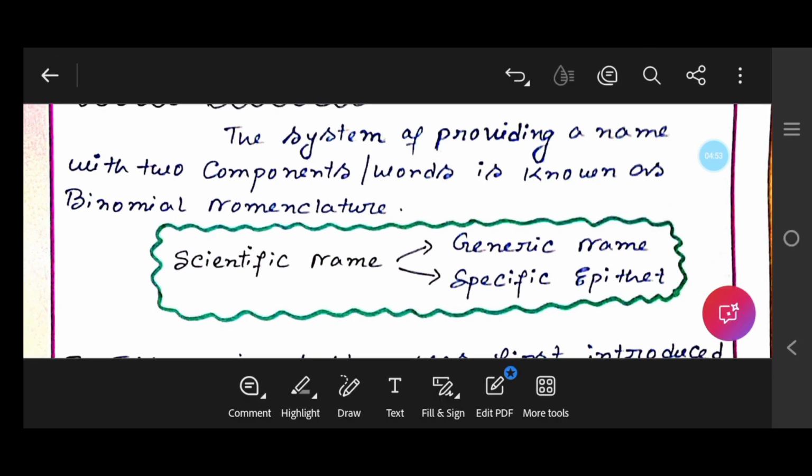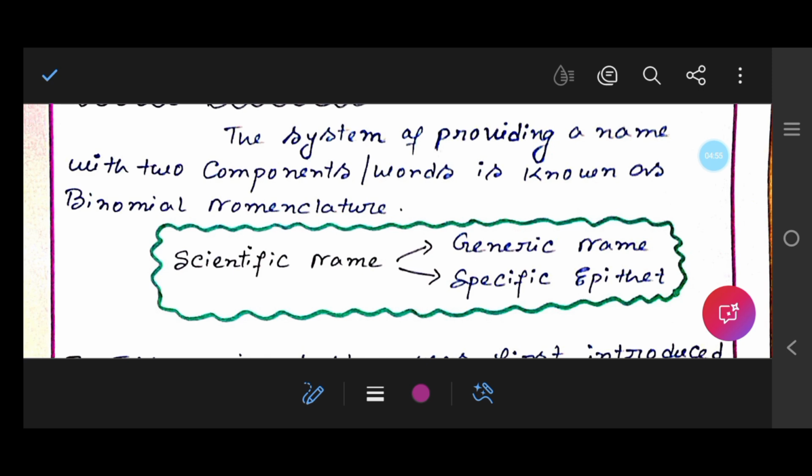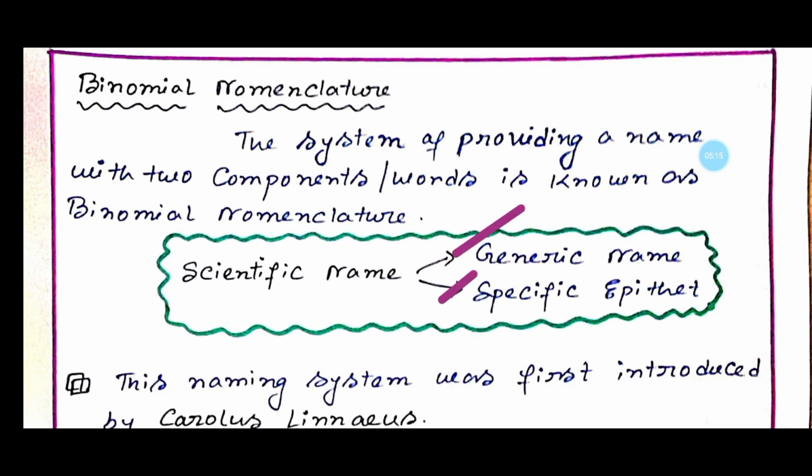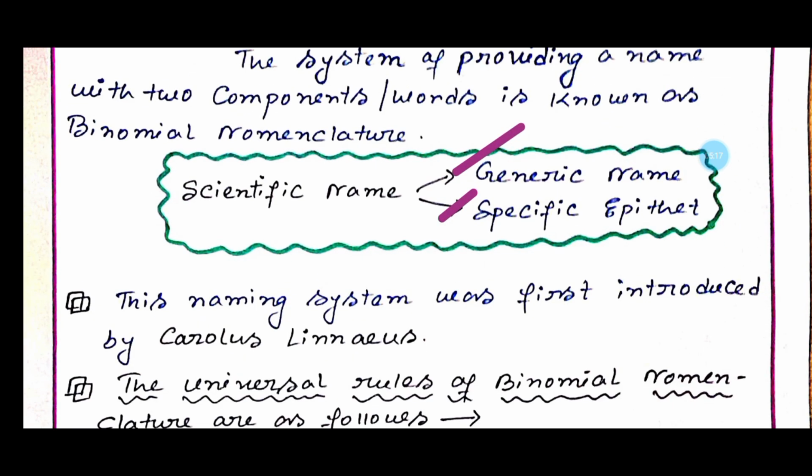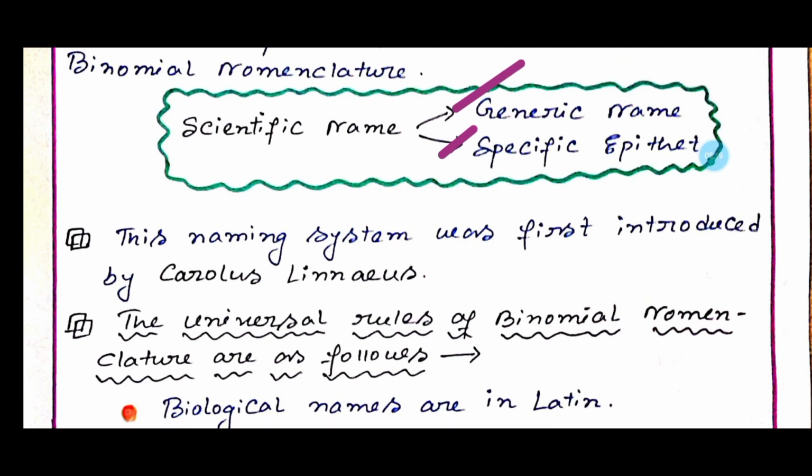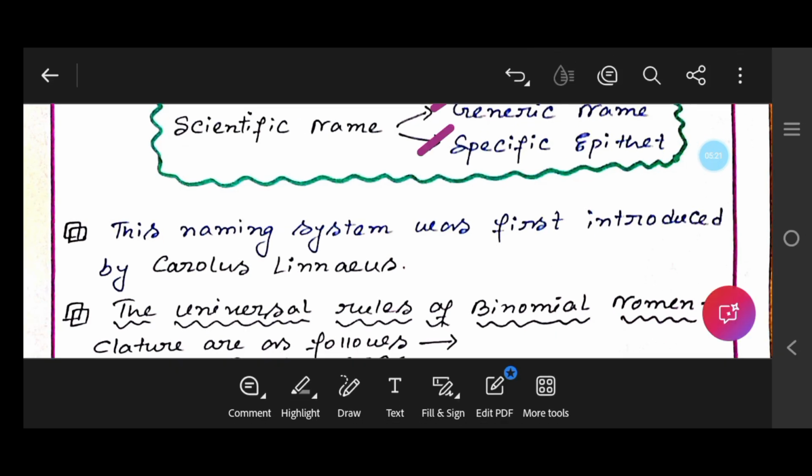And one thing you must keep in mind is that the scientific name consists of two components, and the first component denotes the generic name and the second component denotes the specific epithet or the species name. This system of naming was first introduced by scientist Carolus Linnaeus.